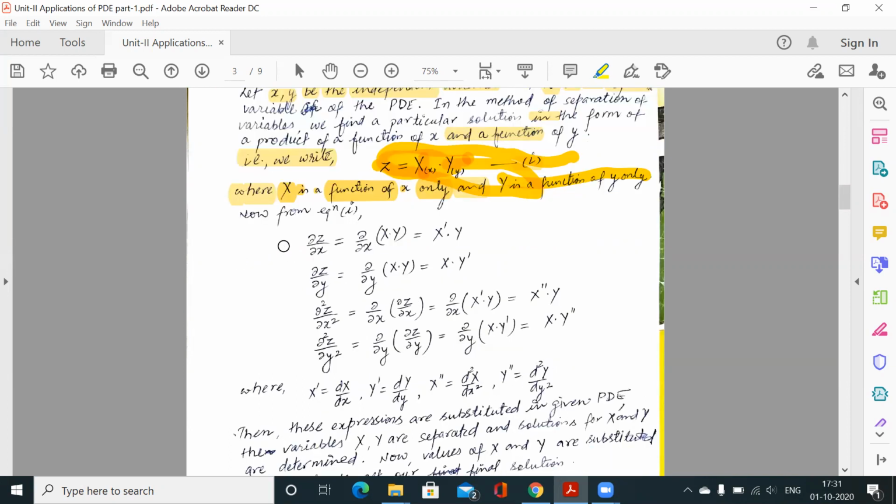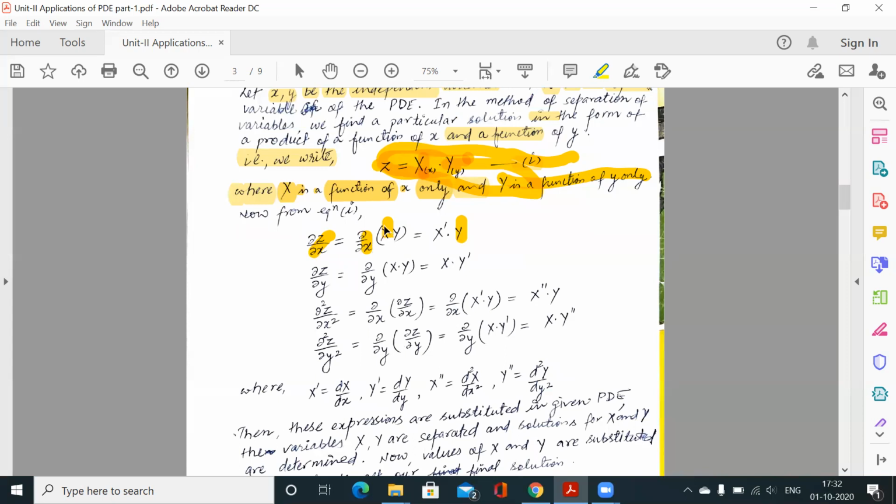For that we need to calculate the derivatives, because the given PDE would contain derivatives. So del z over del x is equal to what? Del over del x of z. Z is X into Y. Next, we have to differentiate it with respect to small x. Because capital Y is a function of y only, it is constant with respect to x, so Y would be outside, and we have del X over del small x.